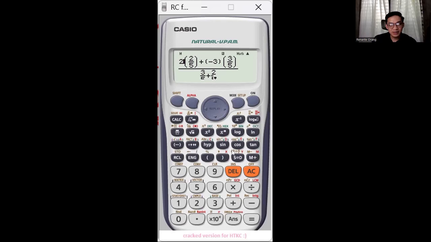So, papalitan lang natin to. -5 times 2/5 plus 5 times 3/5. So, yung y natin na coordinate is 1.